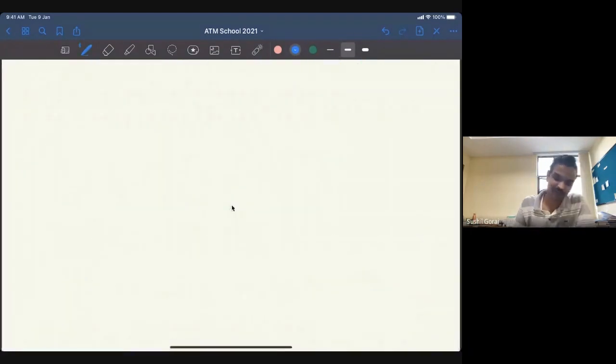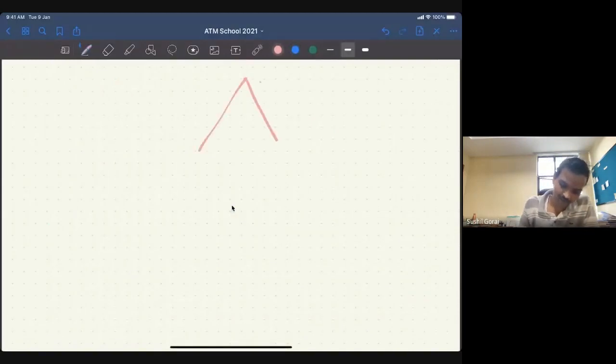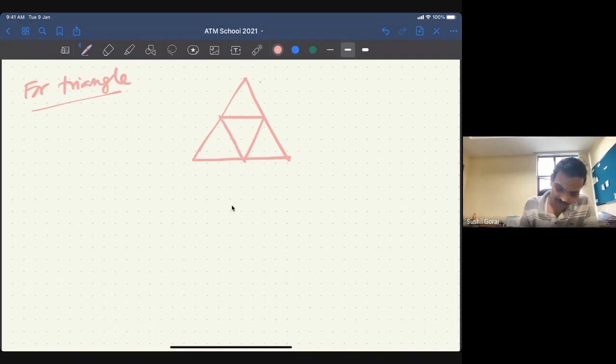So for example, for a triangular region, what you would like to do is just divide like this, like this, like this. Divide like this, like this, like this, and go on.